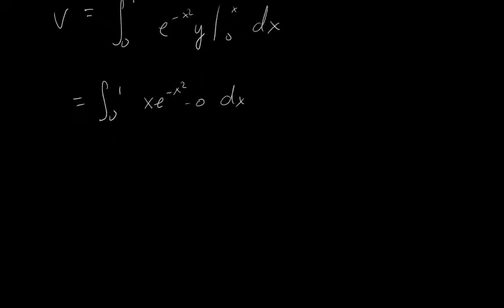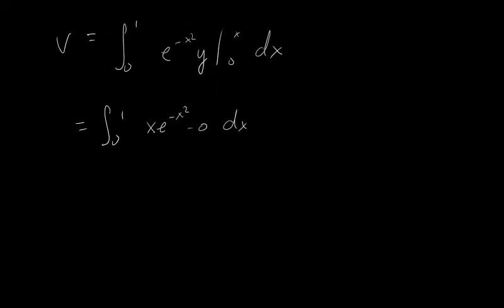Now this we can integrate fairly easily with a u substitution. So let u be equal to negative x squared, then du is negative 2x dx, which means x dx will be replaced with, divide by the negative 2, negative 1/2 du. So we'll make a substitution for x dx. So this becomes our integral from 0 to 1.